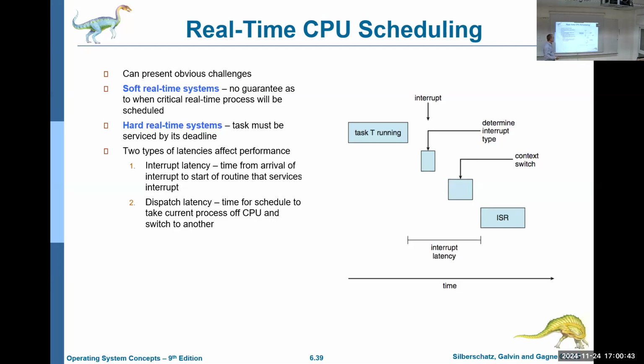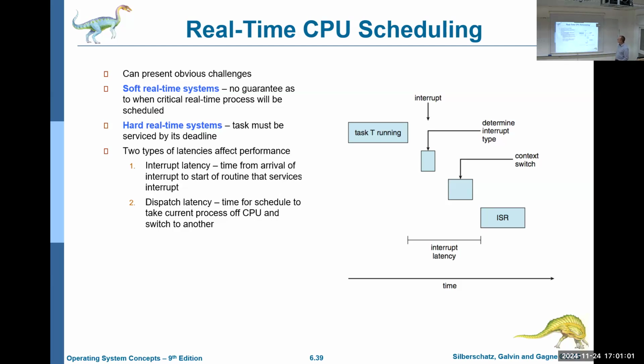Dispatch latency is the time for the scheduler to take the current process off the CPU and switch to another. So interrupt latency is when I start handling the interrupt, and dispatch latency is when I actually get the CPU.